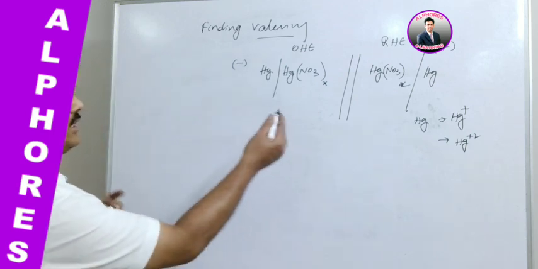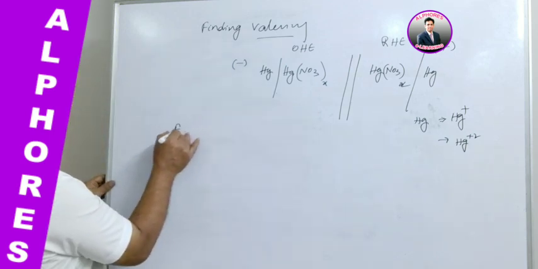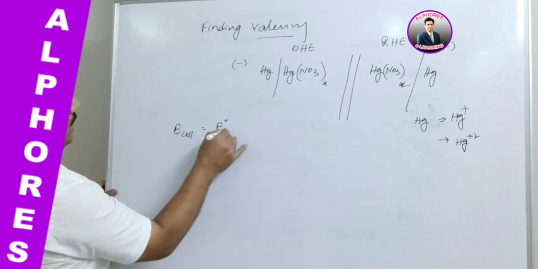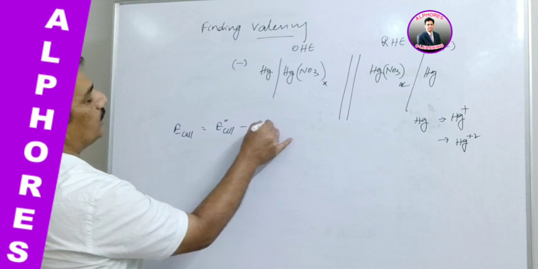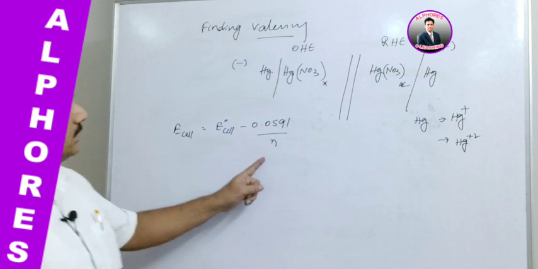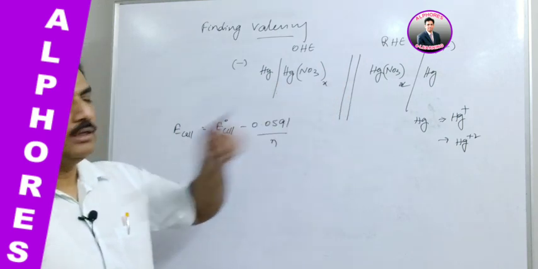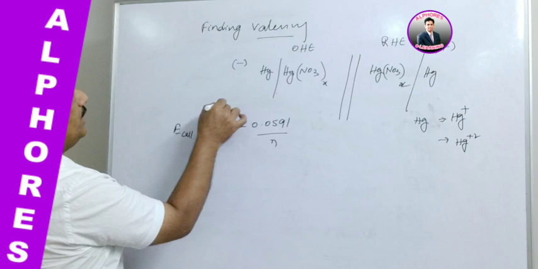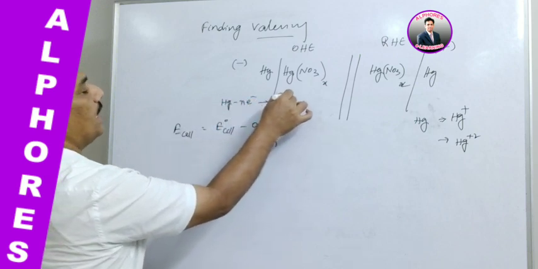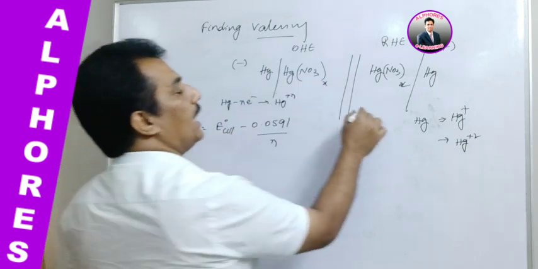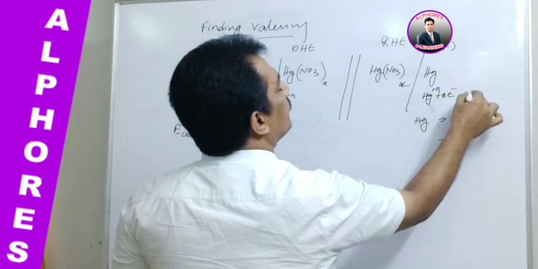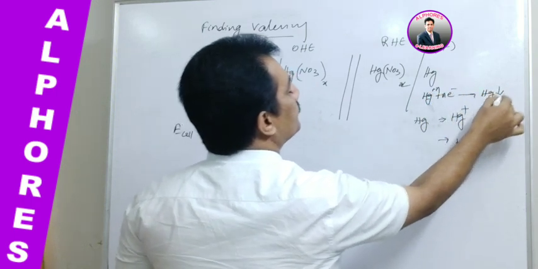And how to find it? For this, we write the equation: E cell is equal to E naught cell minus 0.0591 by n. n is the number of electrons involved. Here at the anode, Hg by releasing n electrons will get into Hg^n+, and at the cathode Hg^n+ by taking n electrons will reduce into Hg.